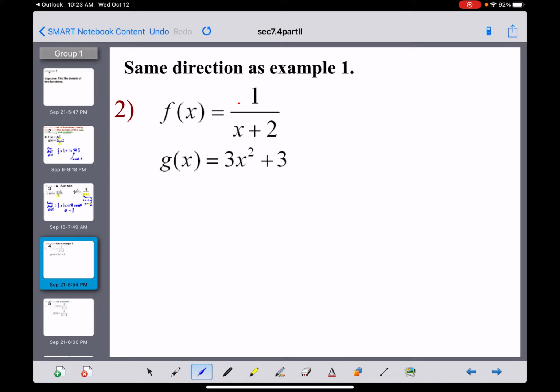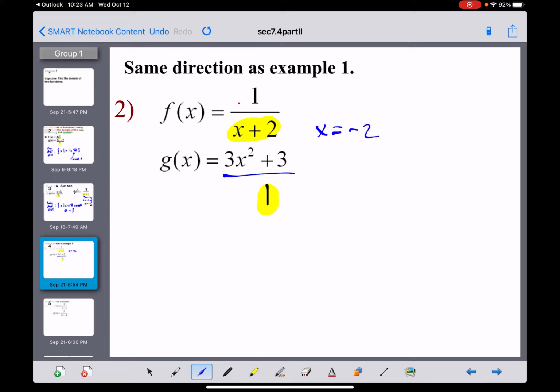So in this one, we have f and g, and all we care about is the denominator. So this is over 1, and we can't make 1 into a 0, so that's not going to help. But the first function right here, we can make it into a 0 if x equals negative 2.